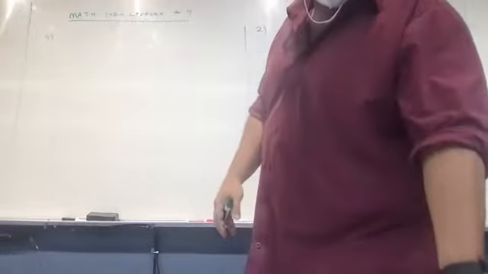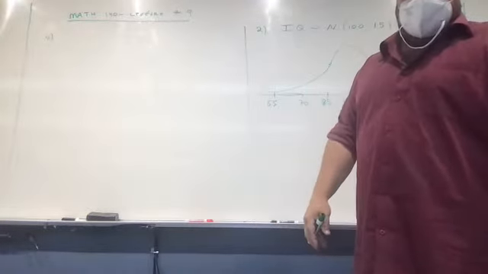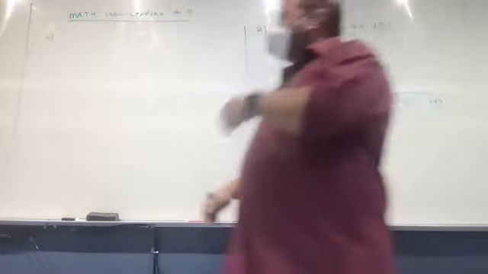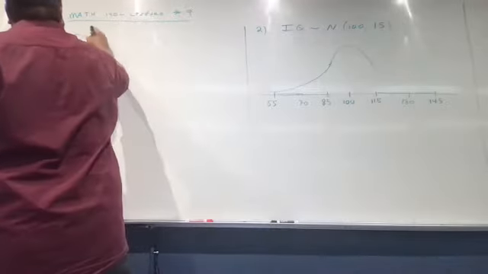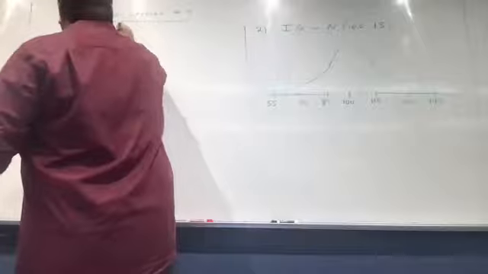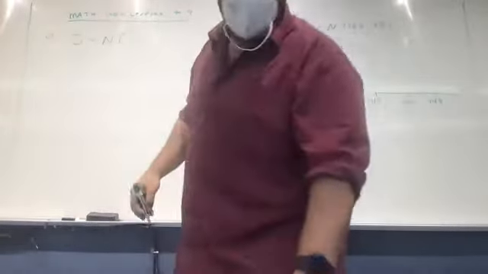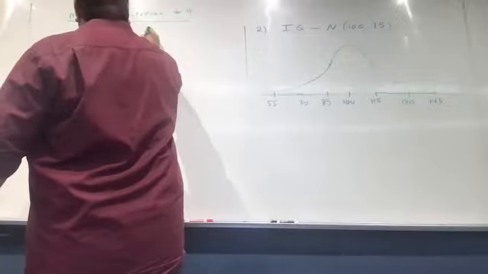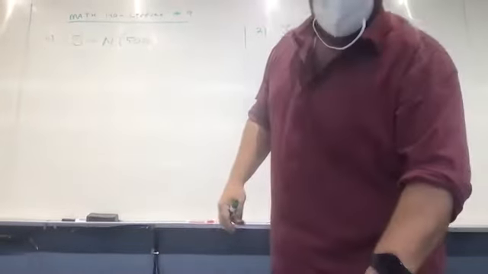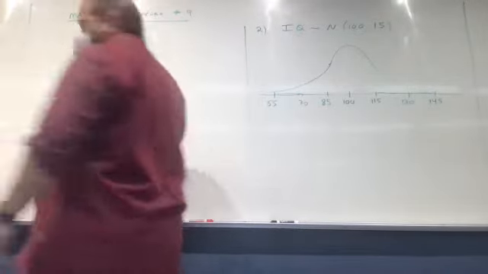Question 4. Suppose the scores on an achievement test follow an approximately normal distribution. We have our scores, I'll label it with S. A normal distribution with mean 500, minimum 350, and maximum 650.